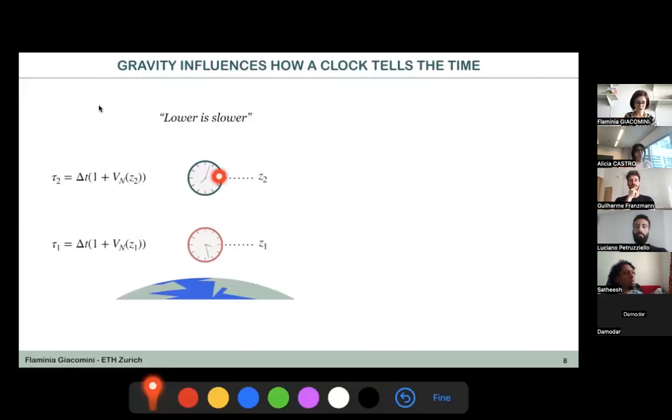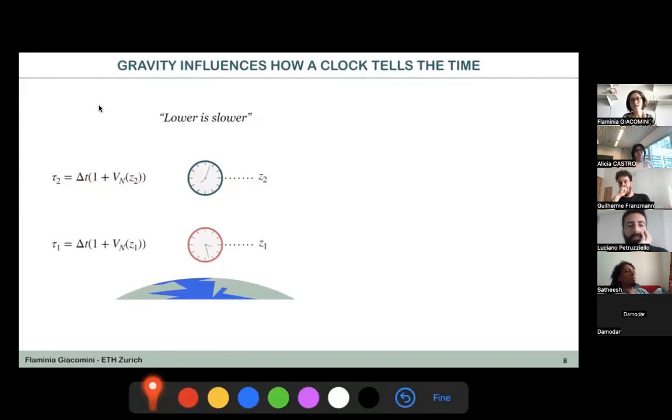But if I put a clock at a different height, z2, because of the gravitational field of the Earth, in particular the g00 component, then this other clock will tick at a different rate. In particular, the clock that is lower in the gravitational field is slower than the clock that is higher in the gravitational field.